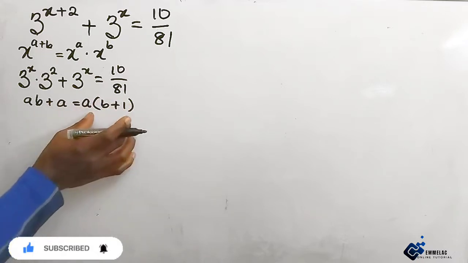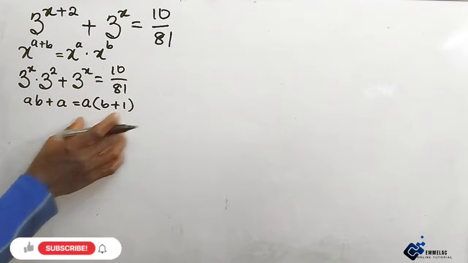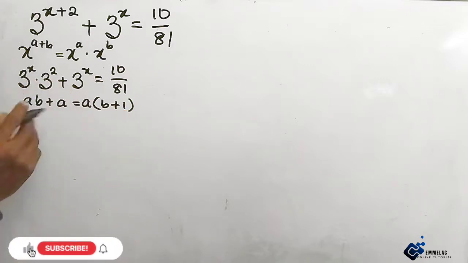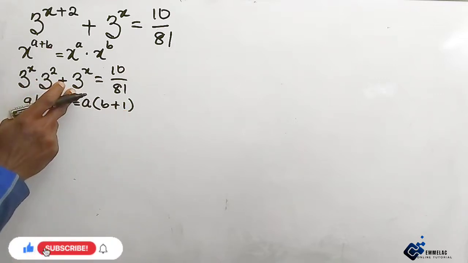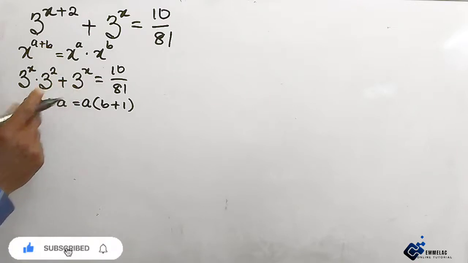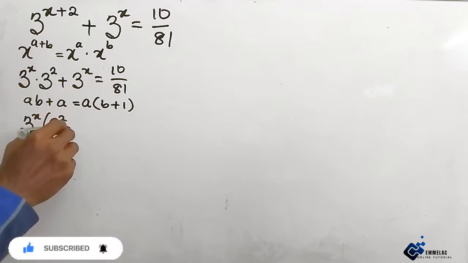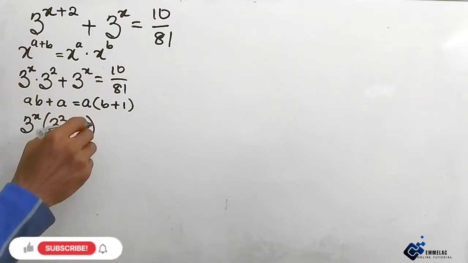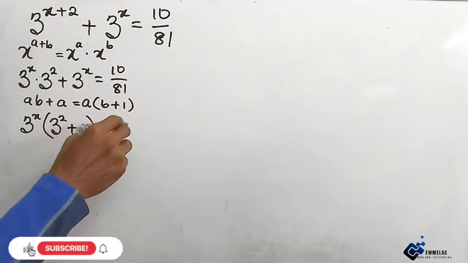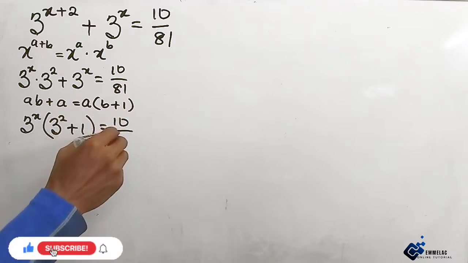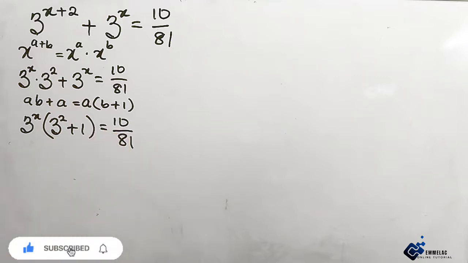Let us use this rule here. Factoring out 3 raised to the power of x, we have 3 raised to the power of x into 3 raised to the power of 2 plus 1, equals 10 all over 81.